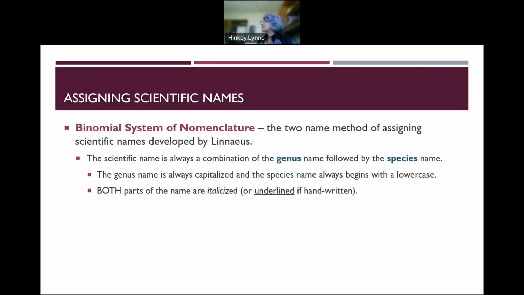Scientific names are always that combination of genus and species. And when we write this out, the genus name is always capitalized and the species name is always lowercase. Both parts are italicized. You may have learned or heard that, oh, you could underline. Underlining was actually a convention for typewriters because typewriters didn't have italics.